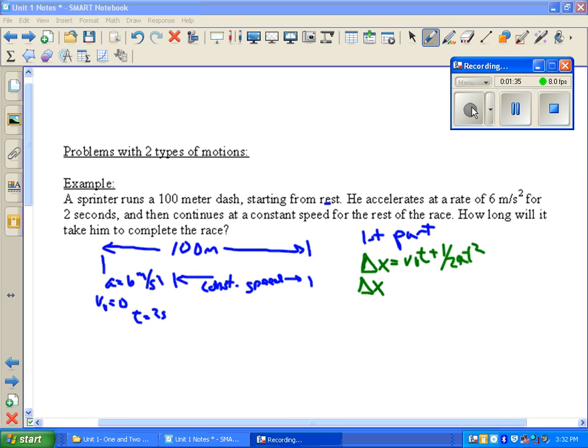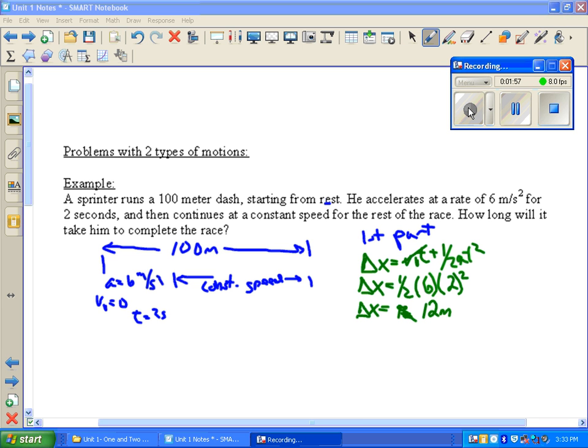Now v0 is 0, so this part goes away, and I just get 1/2. The acceleration is 6, and the t was 2 for that part of the race. So my delta x for this is going to be 12 meters.